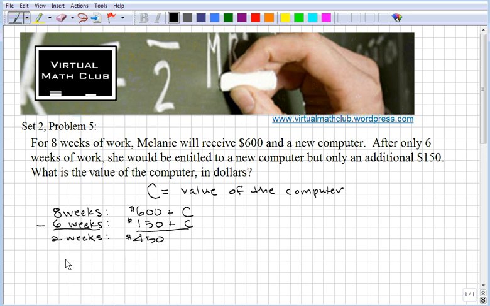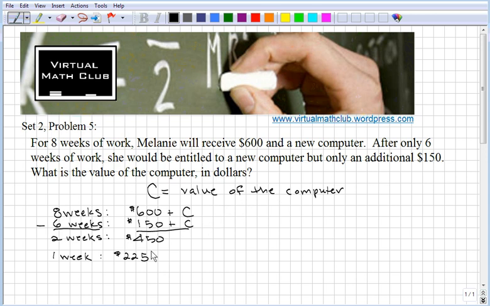And if we divide that by 2, then for 1 week she would get $225, right? So she's being paid at a rate of exactly $225 per week. But then we have this computer in here.